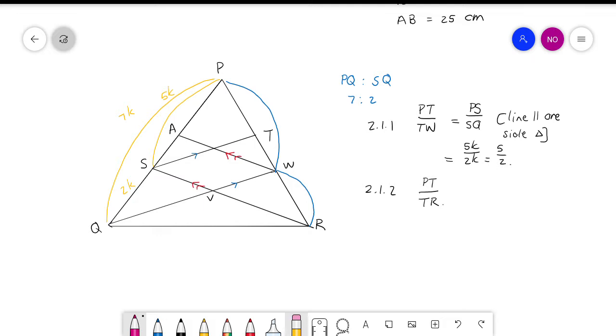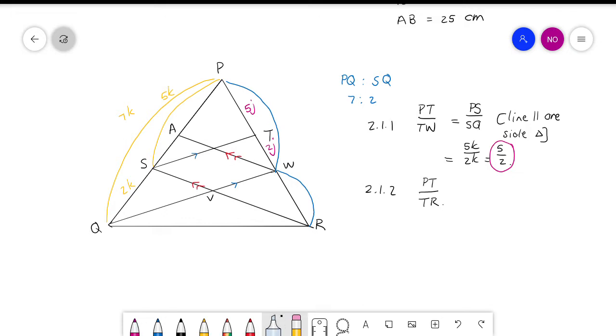Okay, so if we work in this triangle, we already know that this one is, let's call it 5J to 2J. Do you guys agree? Because we already calculated that relationship there. Now if we can get this part in terms of J as well, then we're on our way.